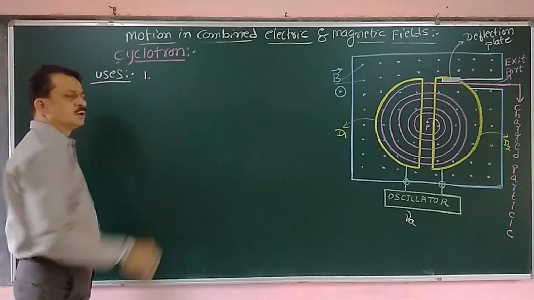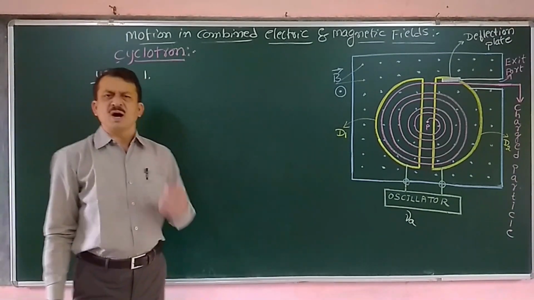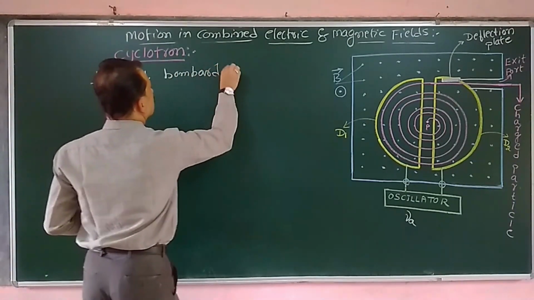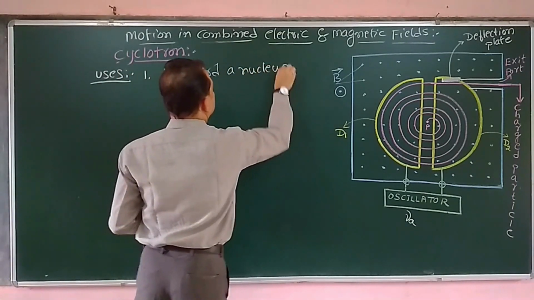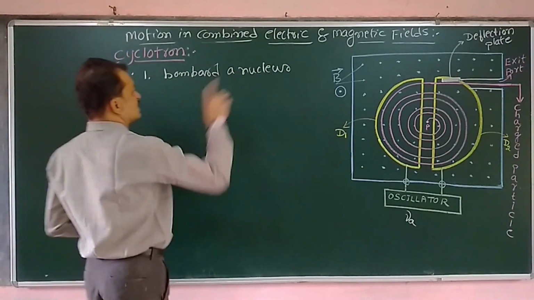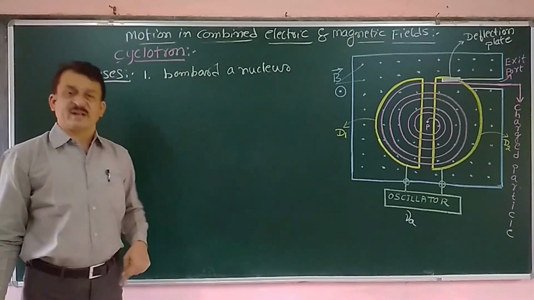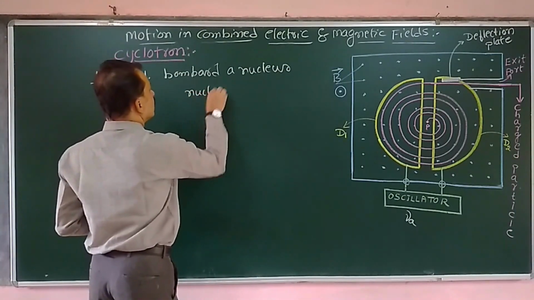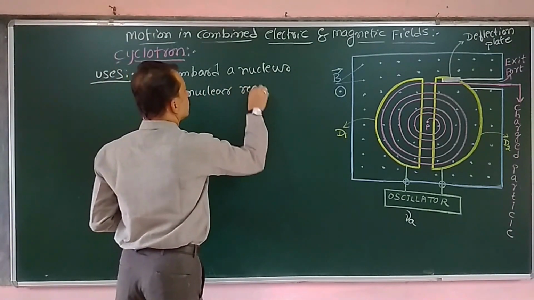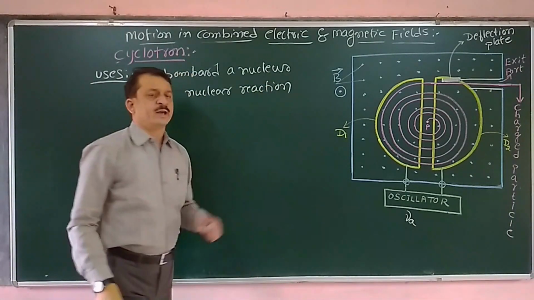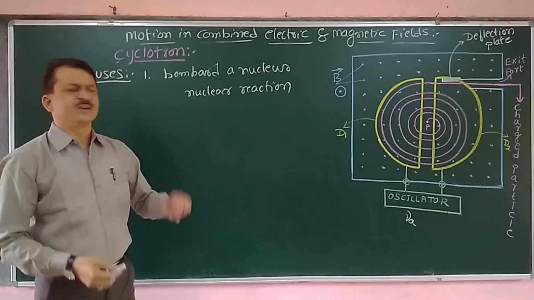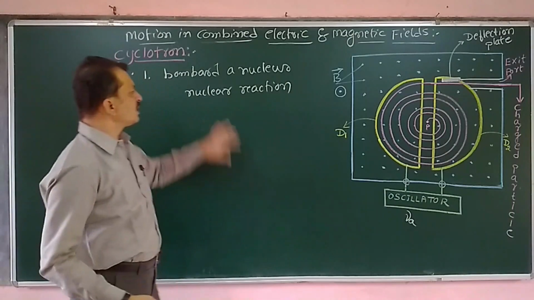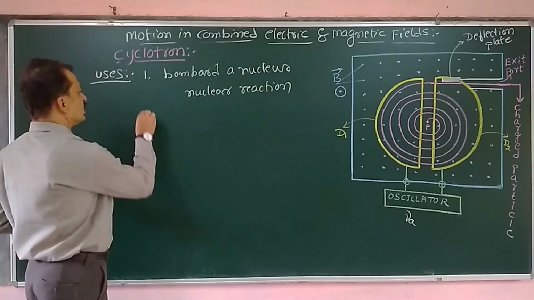The first use, the cyclotron is used to bombard a nucleus with high energetic particles to study the resulting nuclear reaction. The high energy particle that comes from the cyclotron is used to bombard a nucleus, and we use the cyclotron to study the nuclear reaction that results.